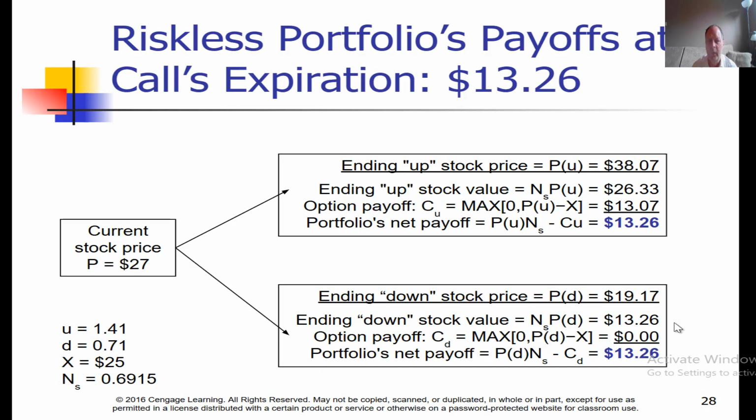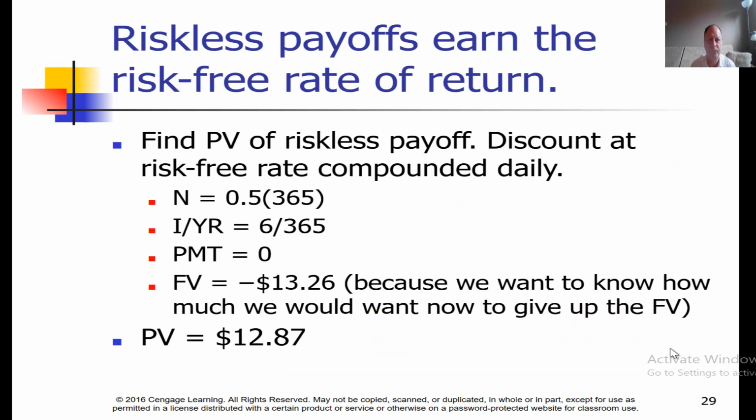If the stock price goes down, our call option expires worthless, so the net value of our portfolio is again $13.26. In both cases, we end up with a portfolio worth $13.26.